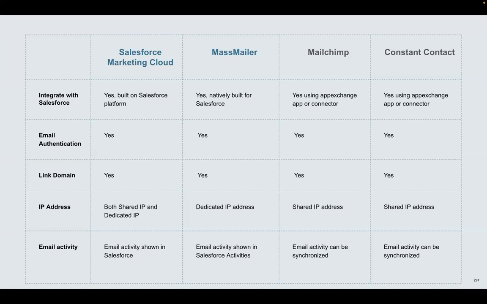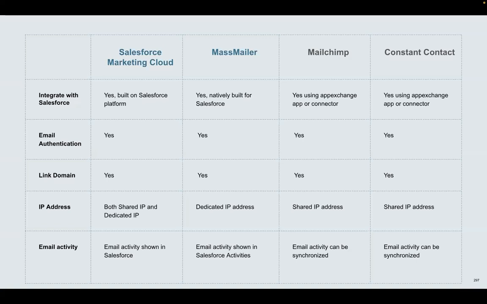And when it comes to IP address, Salesforce Marketing Cloud can provide you both shared IP and dedicated IP based on the email volume. And MassMailer provides only dedicated IP addresses because we are very particular when it comes to domain reputation. We want to make sure that you have full control when it comes to the IP and the domain reputation.